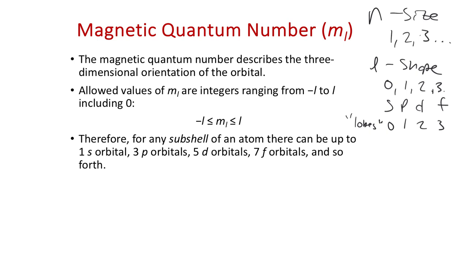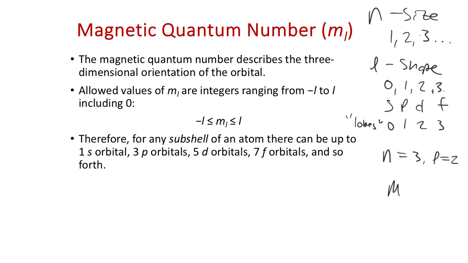But then the M sub L is going to tell us something important. It's going to tell us the projection of the orbital, but also how many projections of the orbital there are. M sub L can range from minus L to L, including 0, and all integers between. Let's say we have n equals 3 and L equal to 2 for a particular orbital.